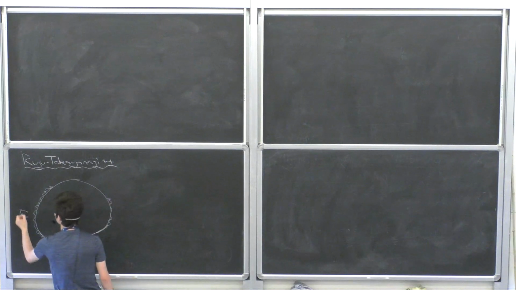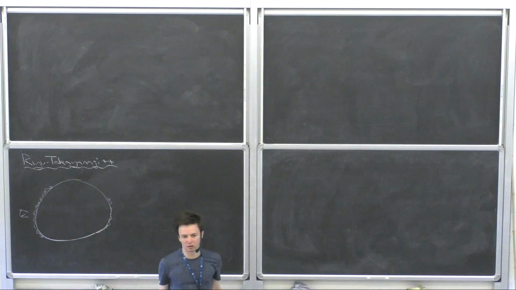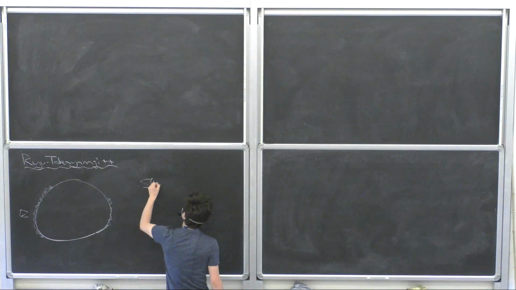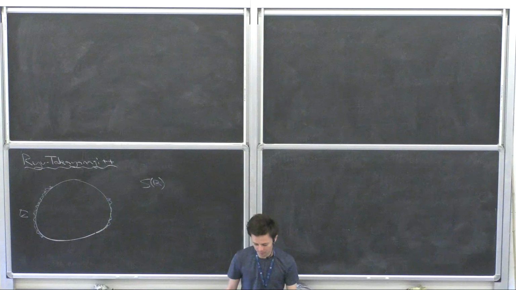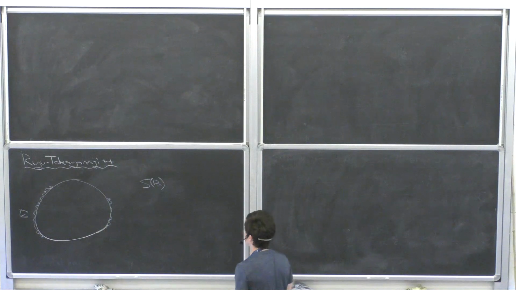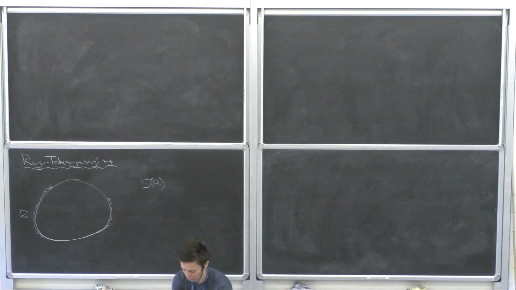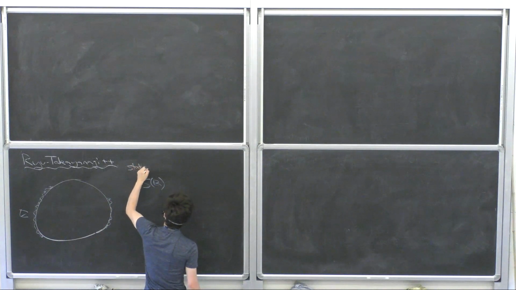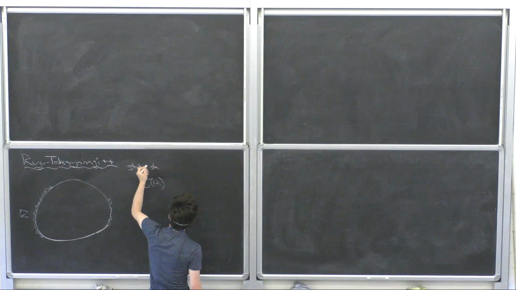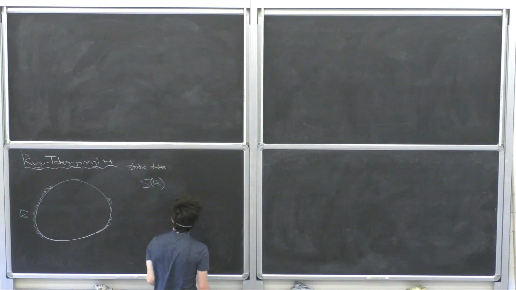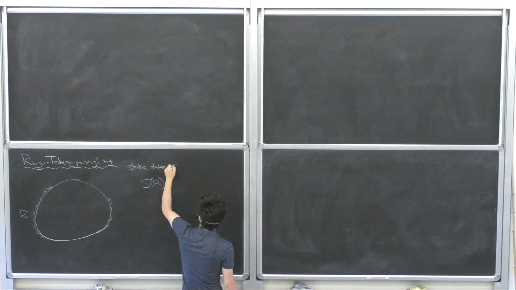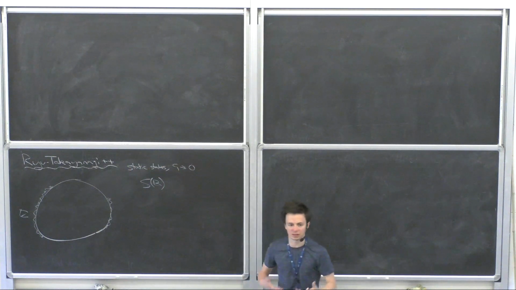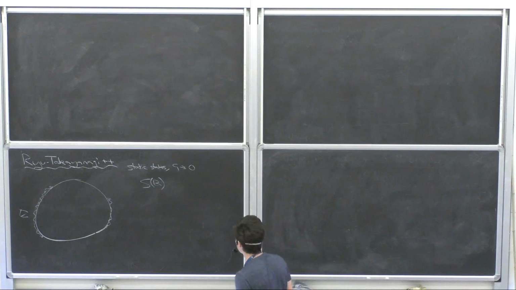This is the region B, and we want to compute the entanglement entropy S of B. Ryu and Takayanagi answered this question in the context of static states in the bulk, also static on the boundary, I guess, in the limit where the gravitational coupling G goes to 0. This is the large N limit of the holographic CFT.